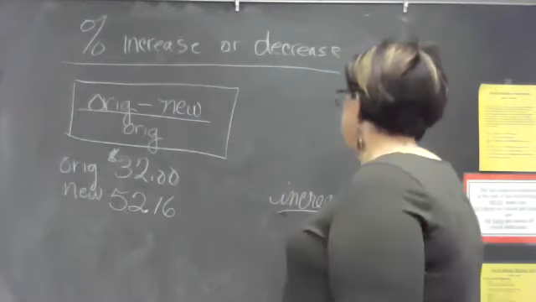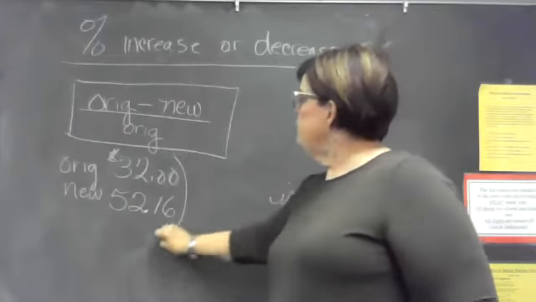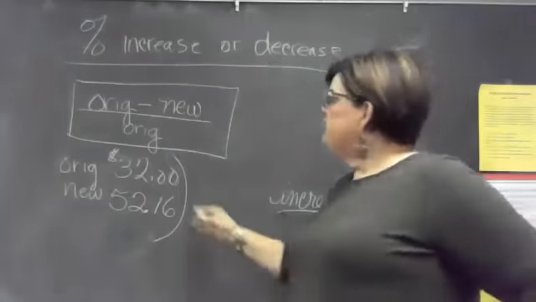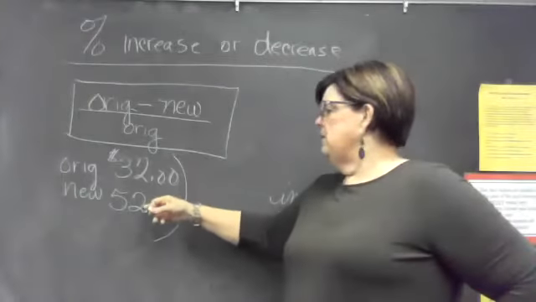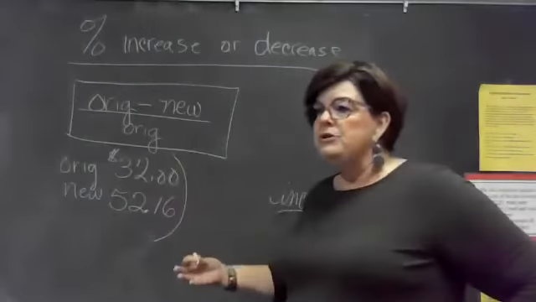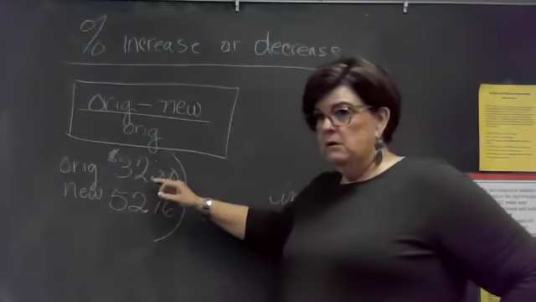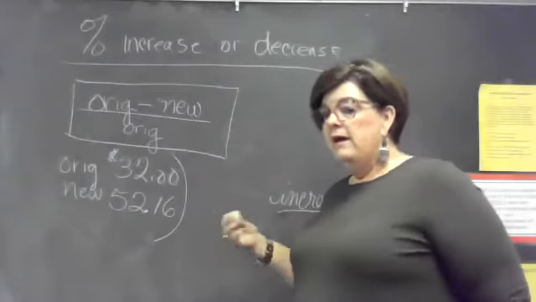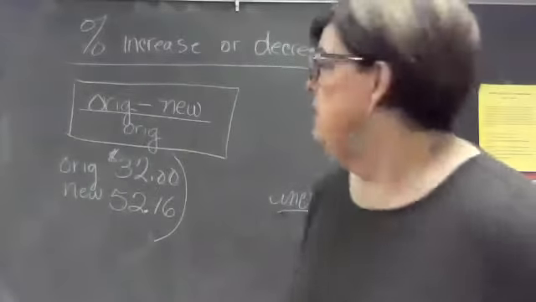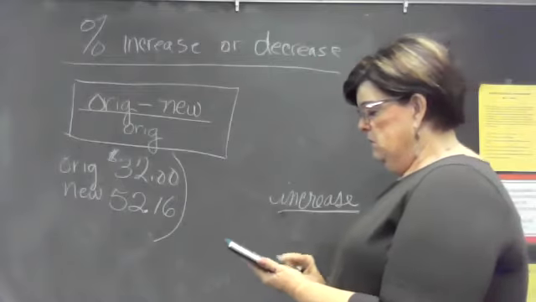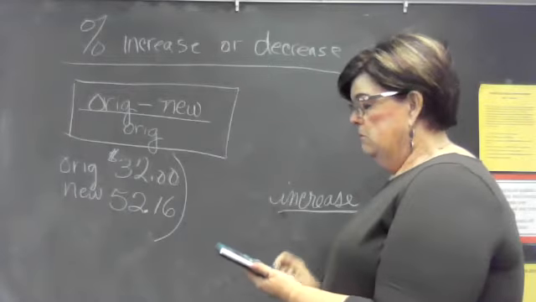Okay, easy enough. And so the way we figure this out is to subtract the two. Now, if you always use this minus this, it might come up negative, but when we're doing percents, we're not worried about that. So you can always take the big one minus the small one. You're always going to have a positive number in this case. So I have 52.16 minus 32.